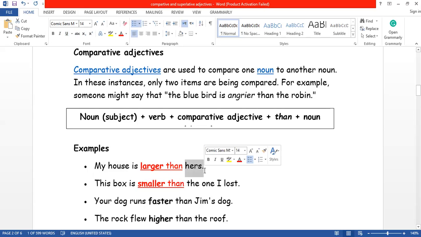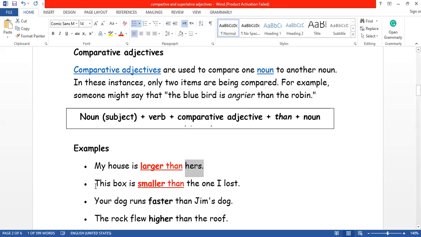Hers is a possessive pronoun. It's right, it's a possessive pronoun, hers. So we use the possessive pronoun instead of the other noun, her house.